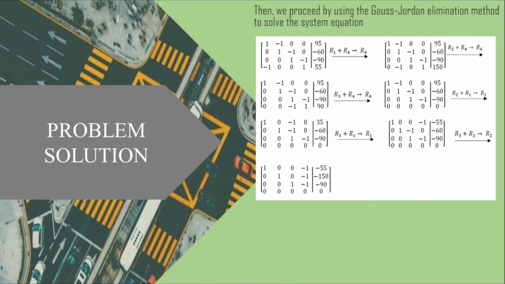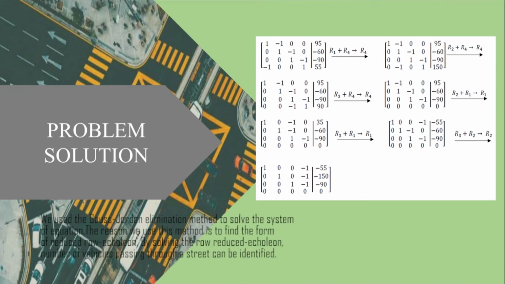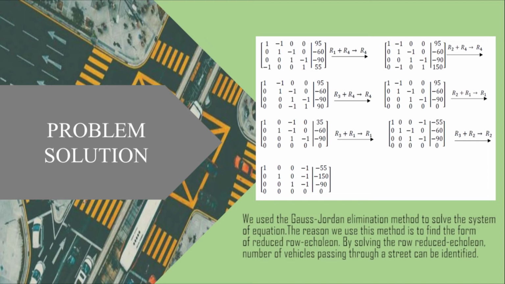Then, to solve the system of equations, we use the Gauss-Jordan elimination method. We use it because this method finds the reduced row echelon form. By solving the reduced row form, the number of vehicles passing through a street can be identified.